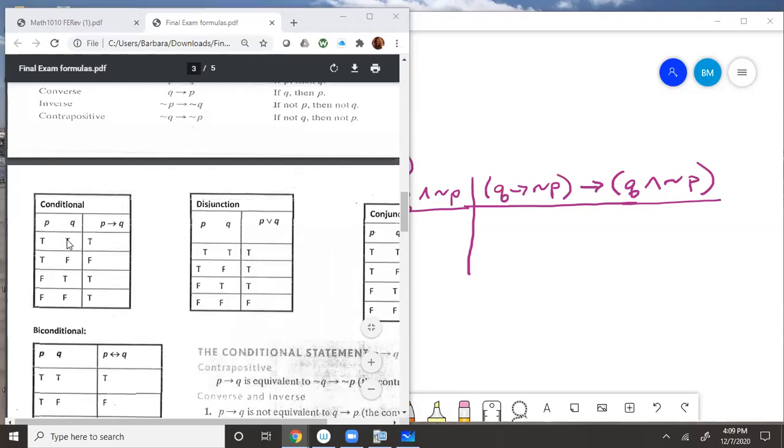So when they're both true, this conditional is true. When the antecedent is false, it doesn't matter what happens. This conditional is still true. So the only time this is false is when the antecedent happens to be true, and we don't follow up with the consequent, and that's false. So that's a good thing to have.